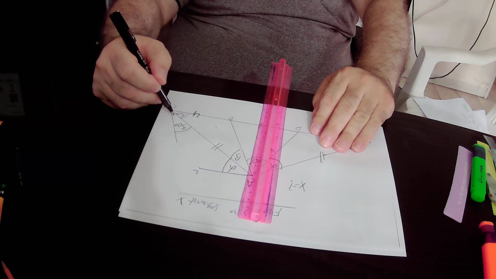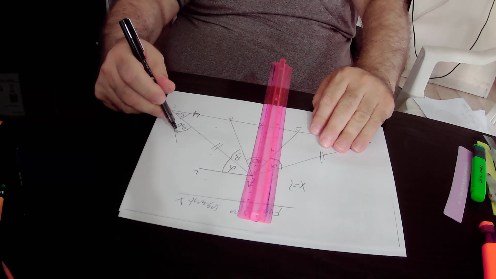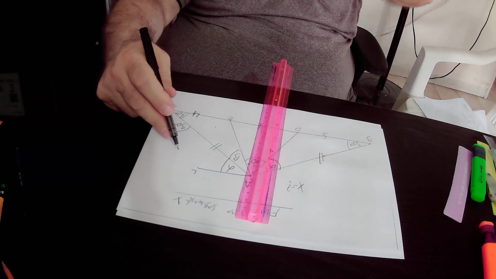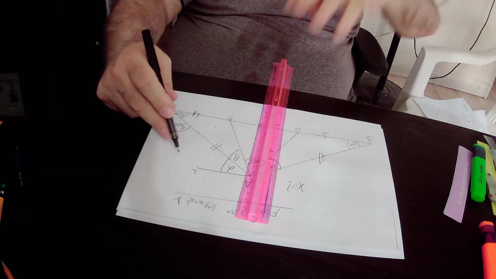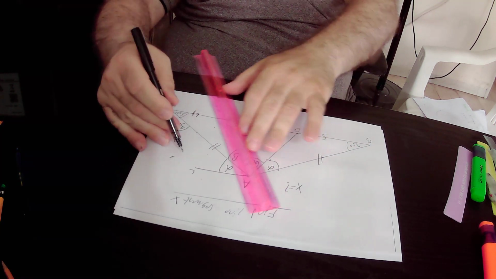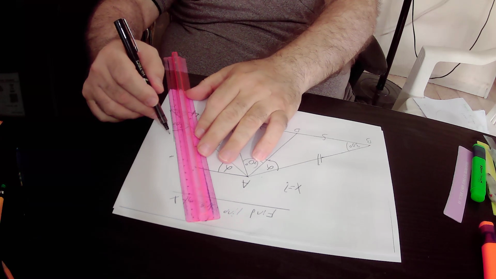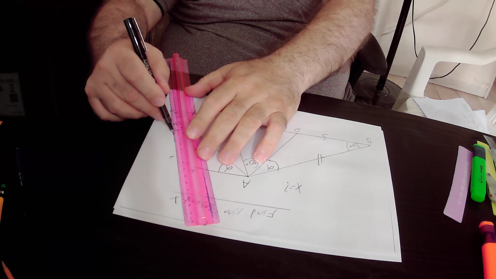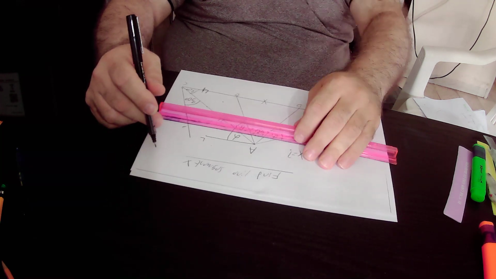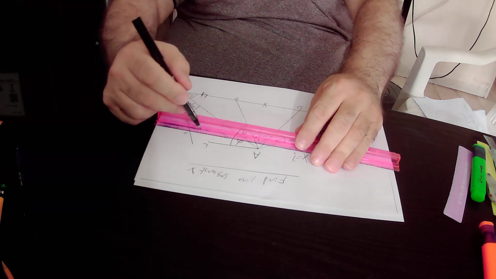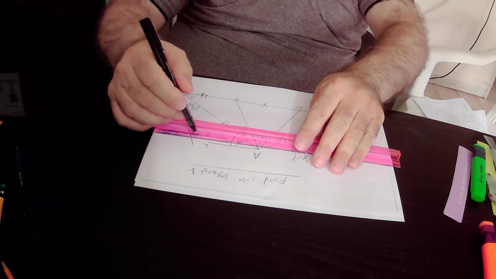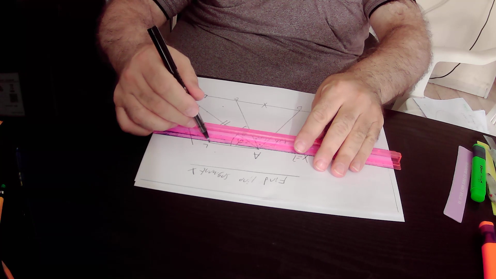Then we'll extend the straight line that we drew here until it intersects with the first straight line that we drew. So we'll extend also AL until the two straight lines intersect with each other.